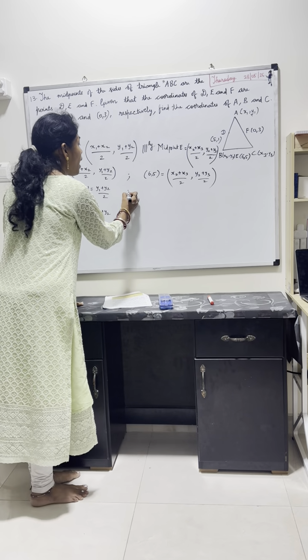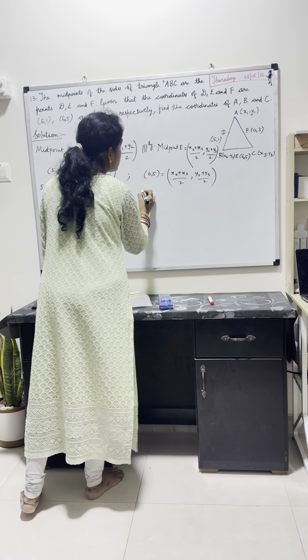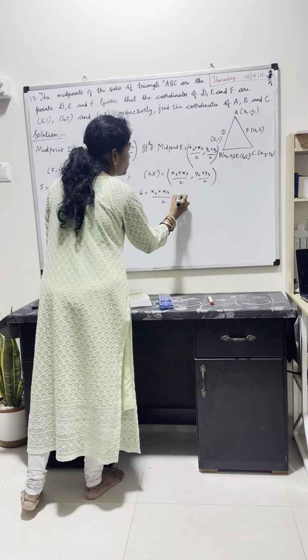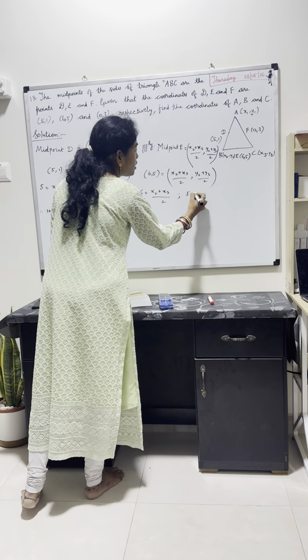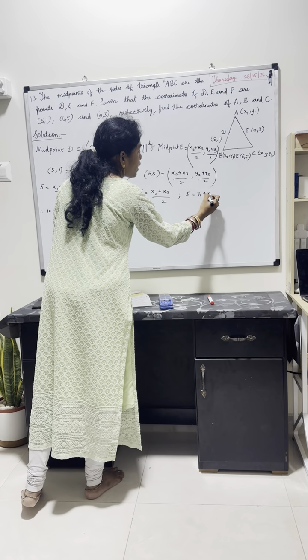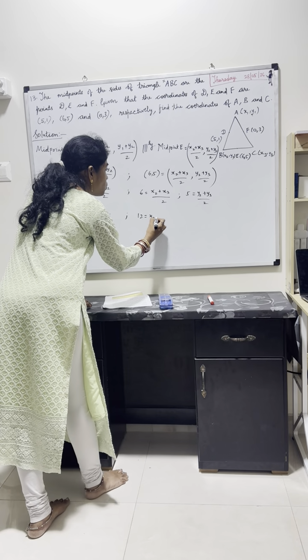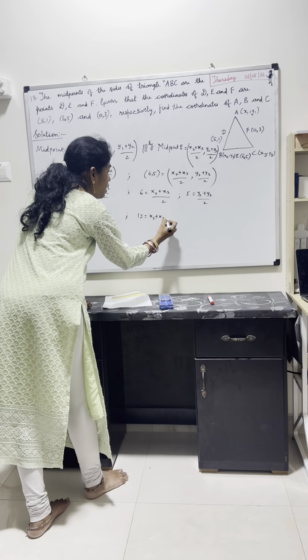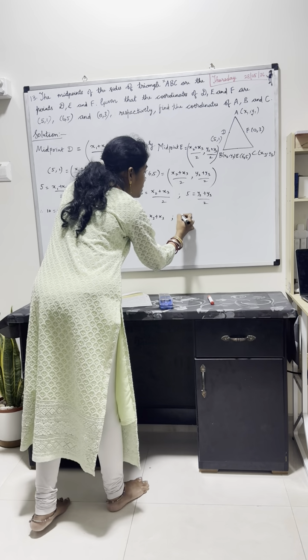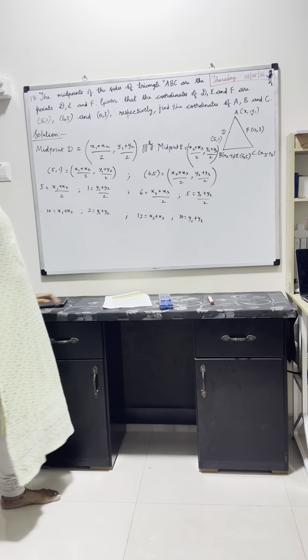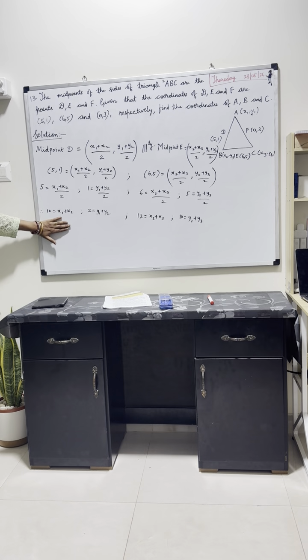Similarly, you have 6 is equal to x2 plus x3 upon 2. 5 is equal to y2 plus y3 upon 2. That is 12 is equal to x2 plus x3. This is 10 is equal to y2 plus y3. So we have 4 equations.